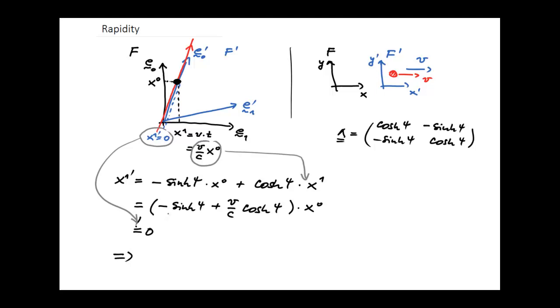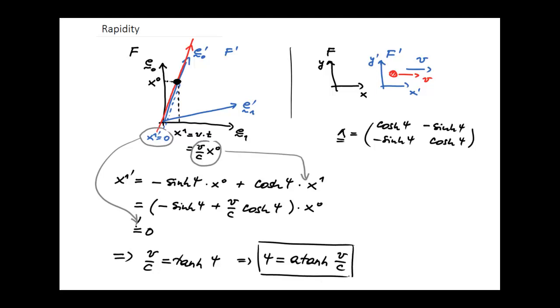So this implies that v over c is the hyperbolic tangent of psi, or in other words, the rapidity psi is the inverse hyperbolic tangent of v over c. This is the relationship between rapidity and ordinary velocity.